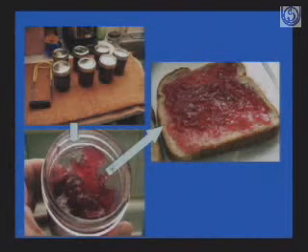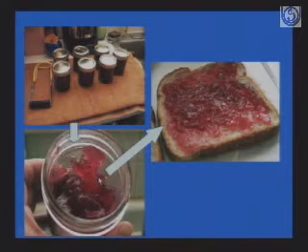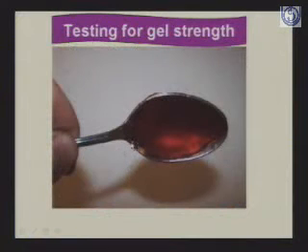So this is the thick gel. This gel which you see is basically because of pectin. If you don't have pectin, or if you don't add artificial pectin, it will not be possible to get this gel. After the preparation, if you want to test whether your gel has reached the full stage or not, you can test it with the spoon test.